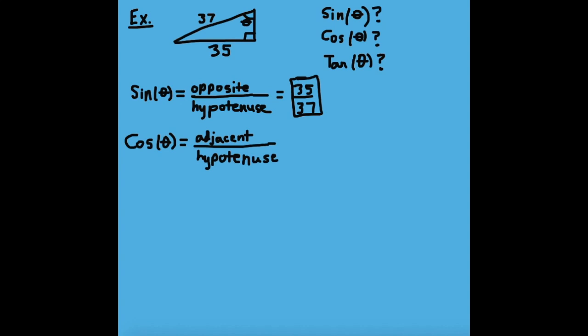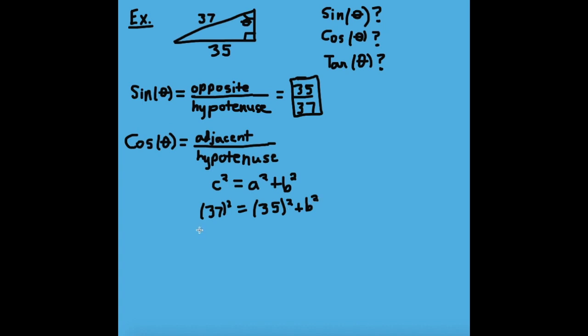Now, the Pythagorean theorem says c squared equals a squared plus b squared. C is the hypotenuse, and A and B are the two legs. So we get 37 squared equals 35 squared plus B squared. 37 squared is 1,369, and 35 squared is 1,225.